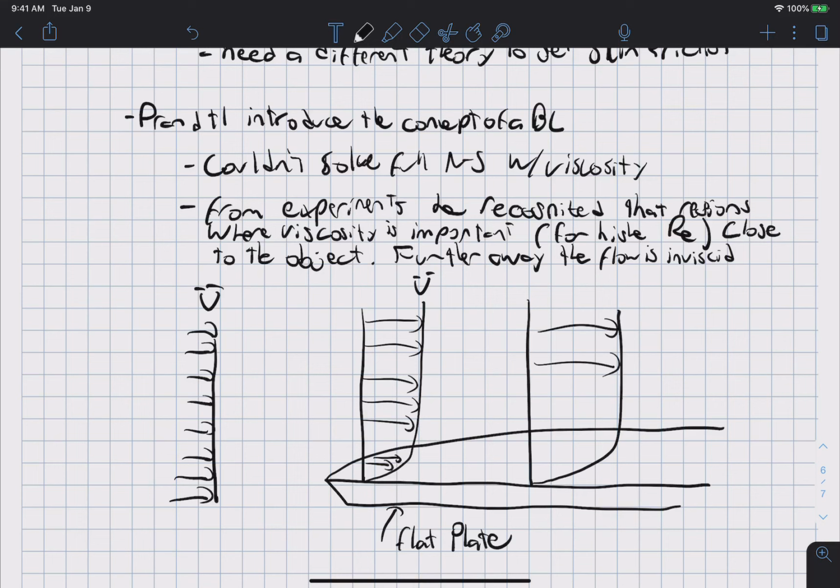And as he went further out, Prandtl noticed that this region got thicker. I'm drawing it with a different U, but this is the same capital U. The velocity profiles look something like this.